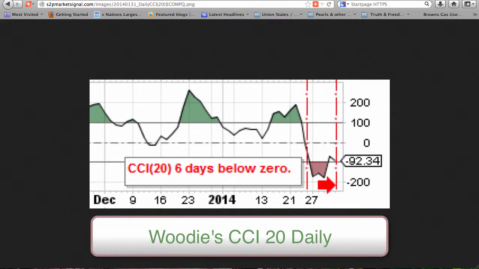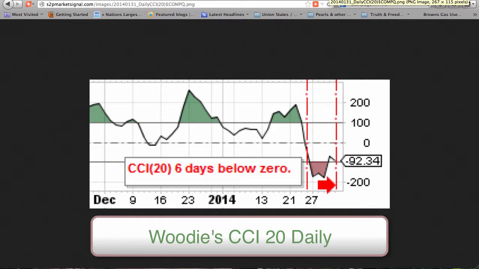The CCI 20 now has 6 days below zero, so a downtrend has begun. However, we are outside the plus or minus 50 range for a valid zero-line reject entry signal. In Woody's CCI trading system, 6 consecutive bars above or below zero are required for a change of trend.